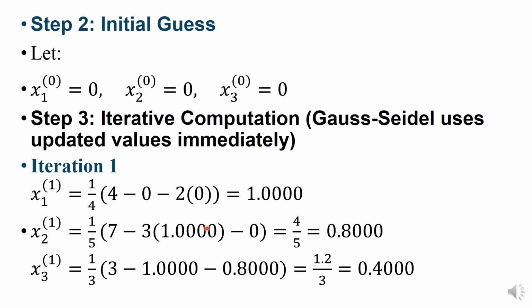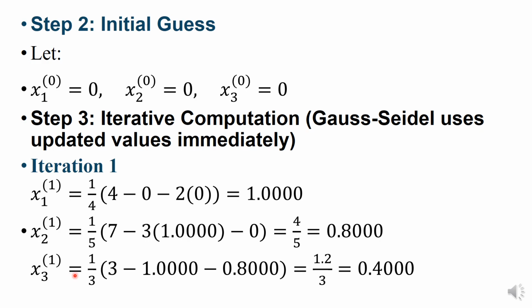Same process we apply for x2: the initial value of x3 is 0, and the x1 we just found, 1, we put here. Then we simplify: 7 minus 3 is 4, and 4 divided by 5 we obtain 0.8.